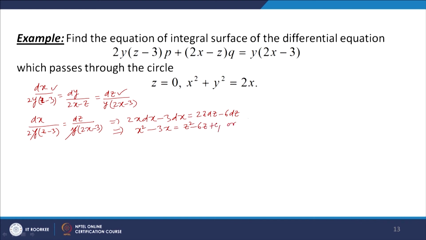So, we can say x square minus 3x minus z square plus 6z equal to C1. Thus we have x square minus 3x minus z square plus 6z equal to C1 as one solution.